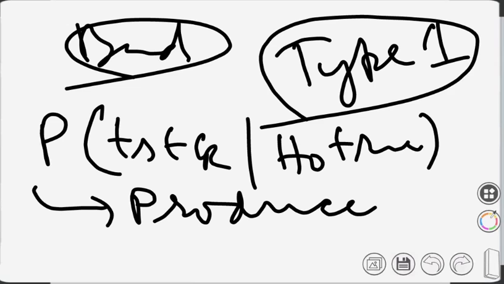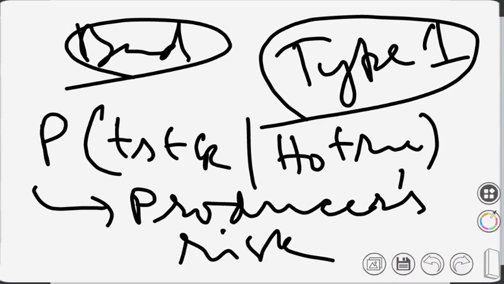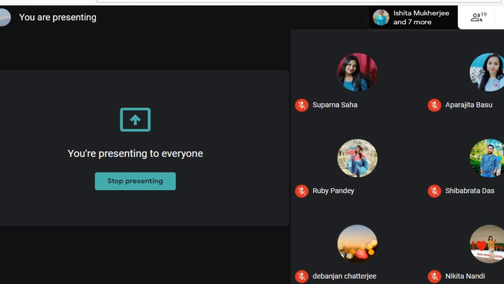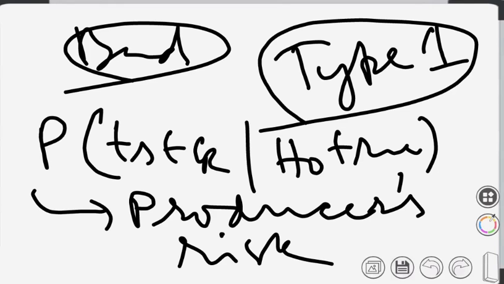Rejecting the null hypothesis when it is true is called the type 1 error, or there is another terminology called producer's risk. How is it producer's risk?